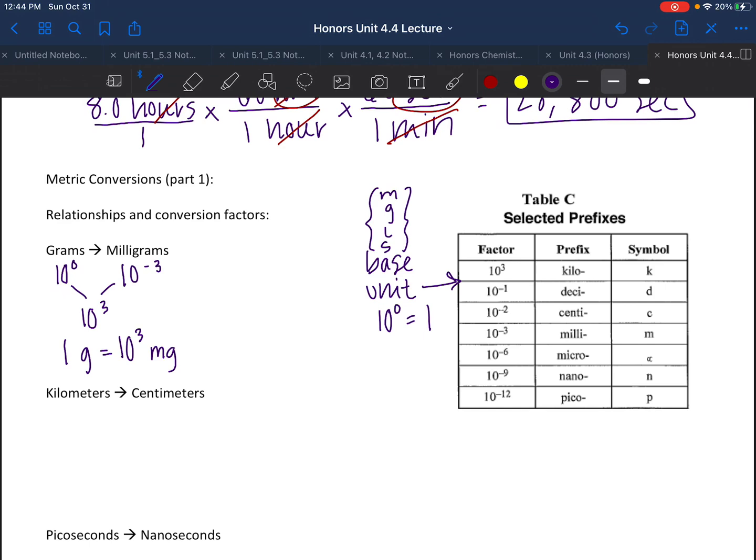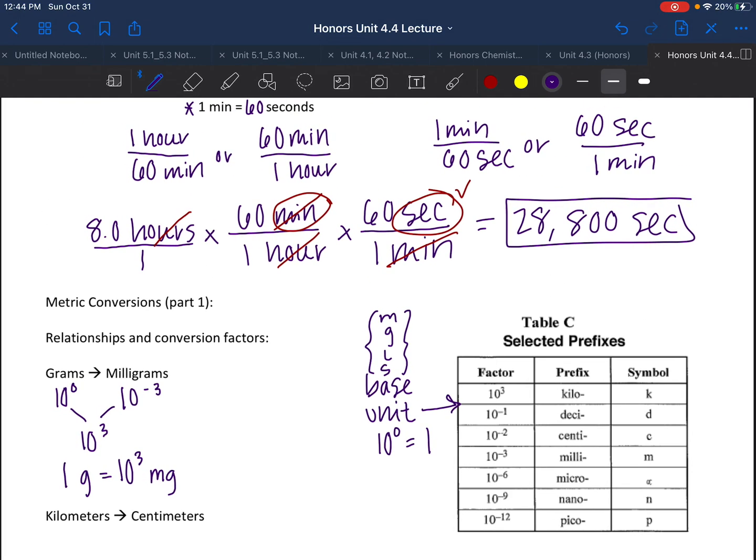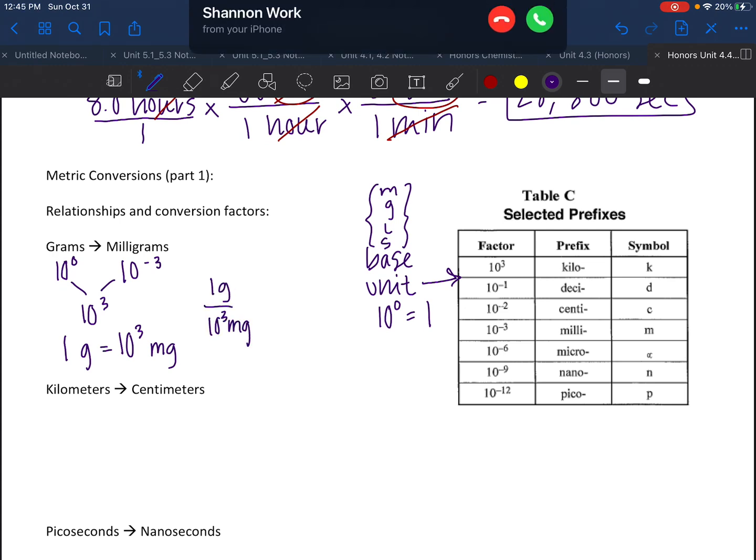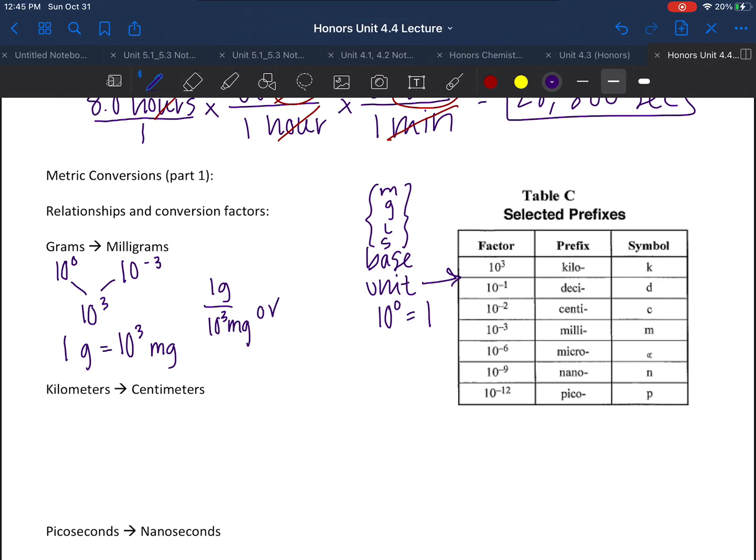Now that we have our relationship, we can write our two conversion factors like we did up above with minutes and seconds. You can either write for 1 gram, there's 10 to the third milligrams, or 10 to the third milligrams for every 1 gram.